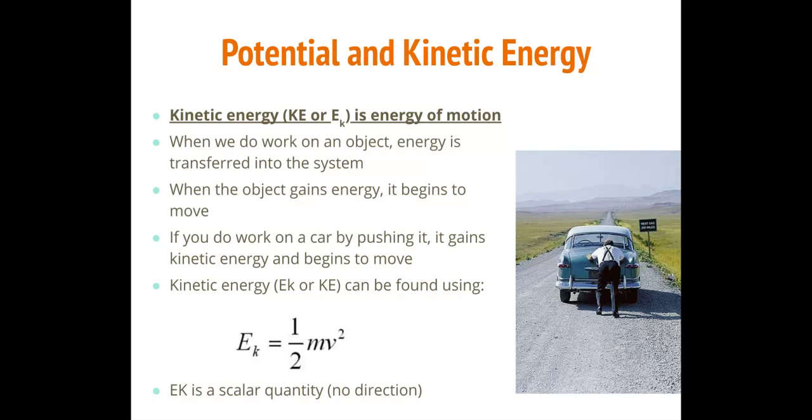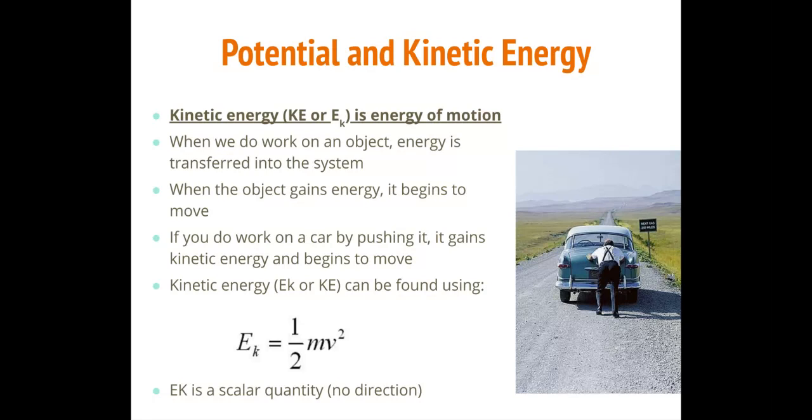So like I said, kinetic energy, which I will denote either as KE, or I will write down E sub K. It just depends how I'm feeling. Most of the time I'm in the habit of writing KE rather than E sub K. So just keep in mind that's usually how I denote it.